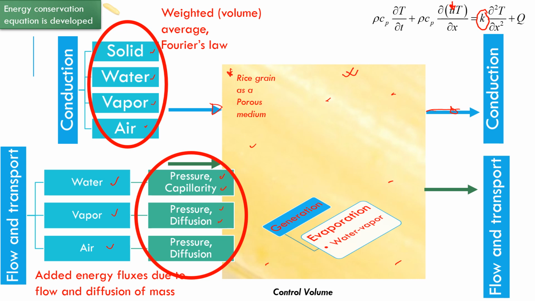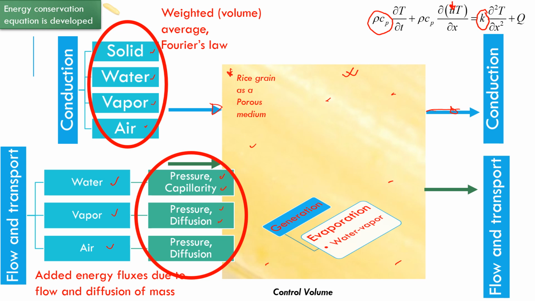And so for the storage, which is density times specific heat, that is going to be weighted by the mass fraction of solid, water, vapor, and air.